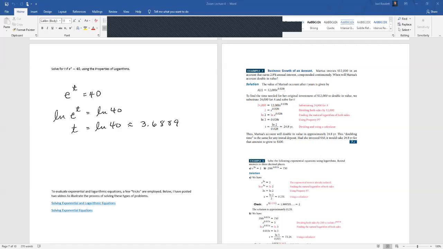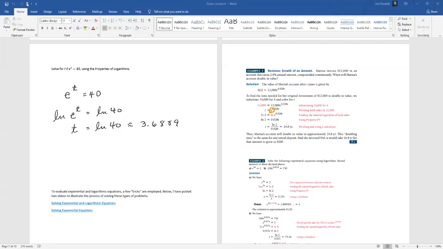Well, if you look, we have a base e. And we said earlier that ln is the inverse of e. So if we have an e, we will introduce an ln on both sides, because we know that ln and e are inverses of one another, and that's going to leave me 0.028t on the right side.